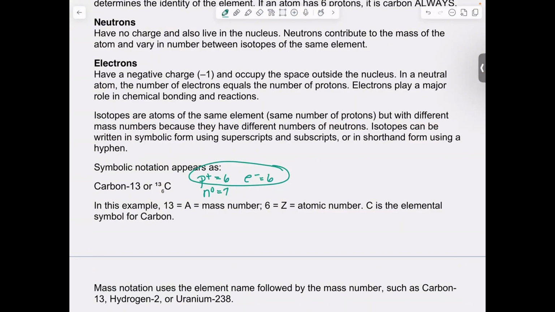So whenever you're given either the mass notation or the isotopic notation, you can tell all kinds of information. I can tell how many protons I have, how many electrons I have, how many neutrons I have, and that's simply subtracting those two numbers.